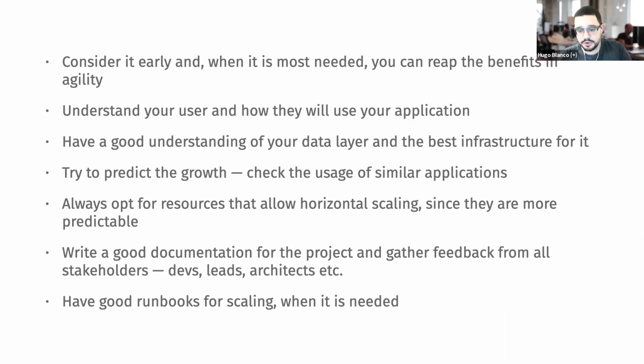It's really good to have good documentation for the project and gather feedback from all stakeholders. When you're creating a new software, a new application, or even a new feature that demands architectural changes, more elaborate, more complex design changes, it's really good to have feedback, because you could think that something would be a problem for high usage, but then an architect, a lead, or senior devs could think differently.